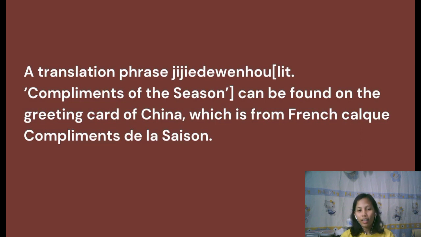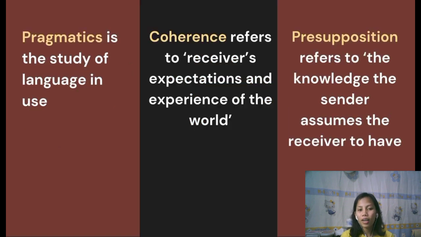So again, speaking of pragmatics, pragmatics is the study of language in use. It is the study of meaning, not as generated by the linguistic system, but as conveyed and manipulated by participants in a communicative situation or context. So, the transfer of the expressions of the source language in a literal way brings about gaps between coherence and presupposition in pragmatics.